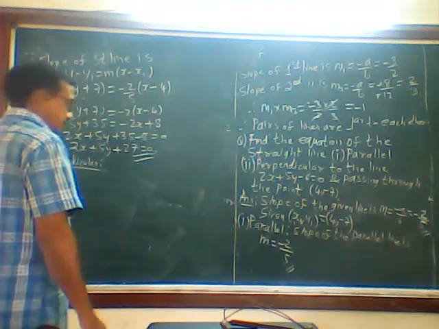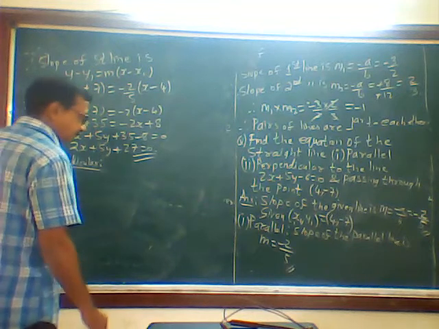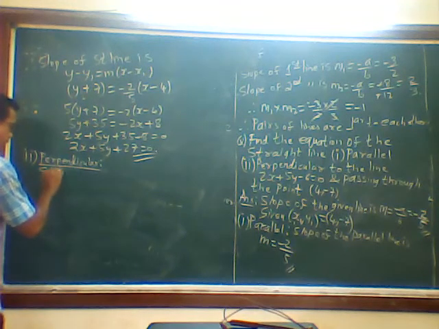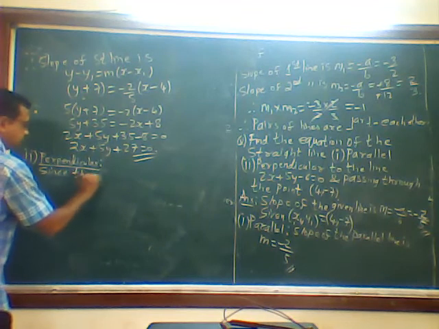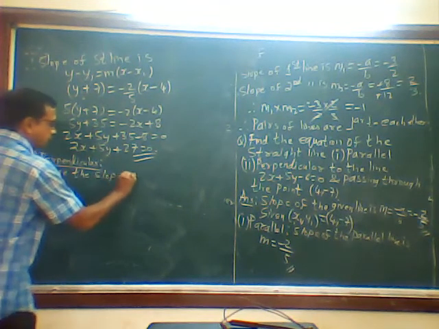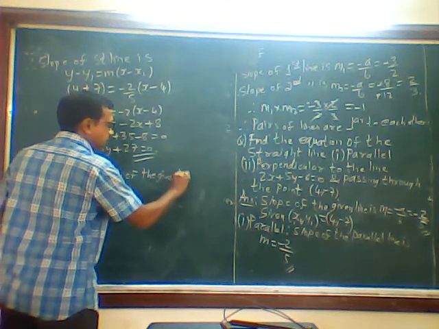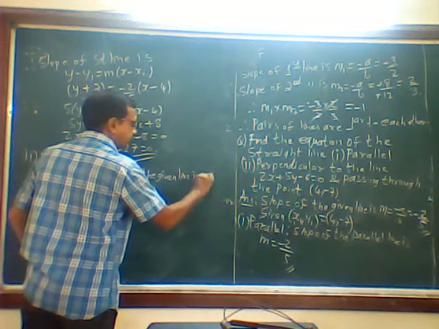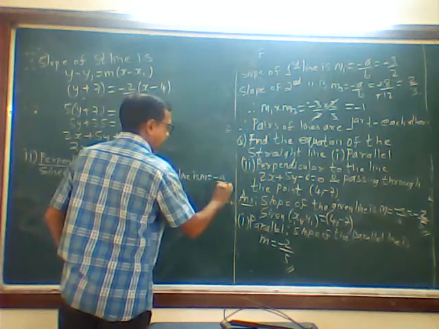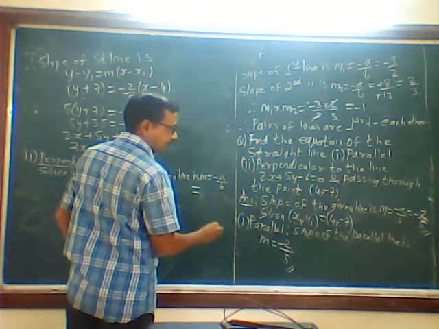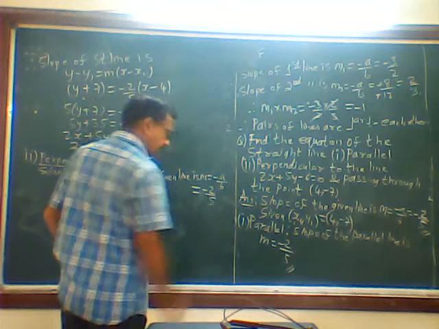I'll say, since the slope of the given line is m is equal to minus a upon b is equal to what? Minus 2 upon 5.